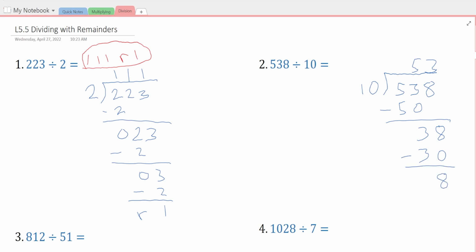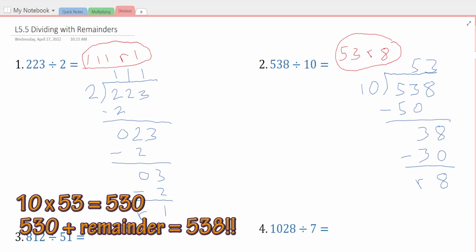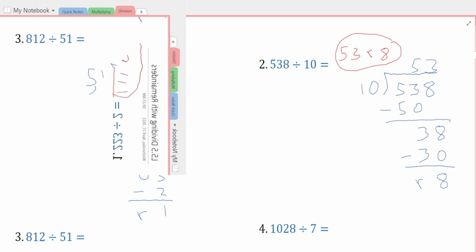Subtract, and we have 8. 538 divided by 10 is equal to 53 with a remainder of 8. And you could always check to see: 10 times 53 is equal to 530, and then you add 8, and then you get 538. So that's what the remainder signifies.